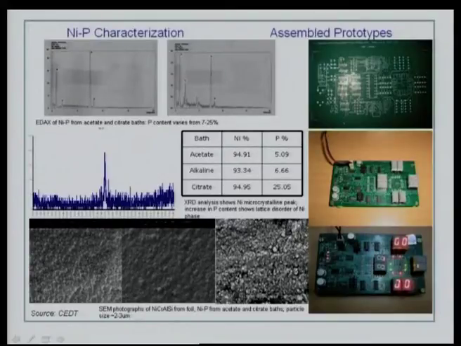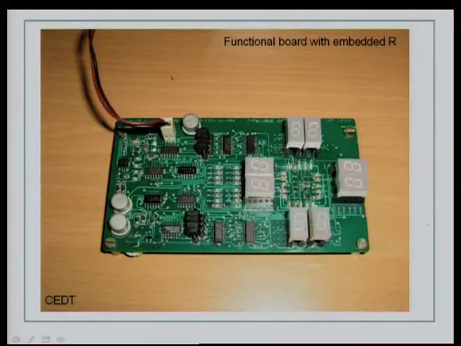What I am trying to show here is a working prototype of a product, a design using embedded R and C. So, it has been demonstrated in CDT by taking a particular design and re-engineering by modifying the designs, especially replacing the normal resistors and capacitors with these structures and demonstrating the working of such a product.